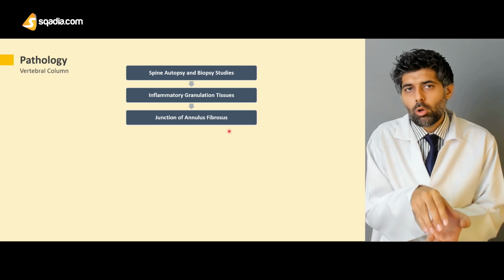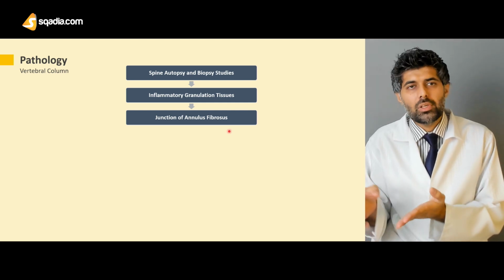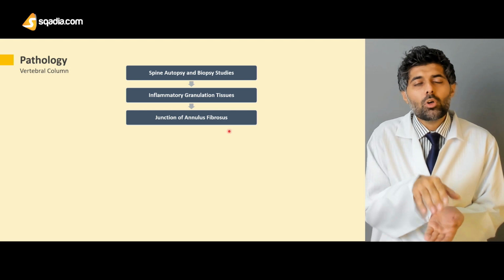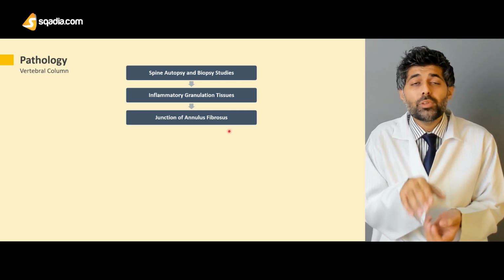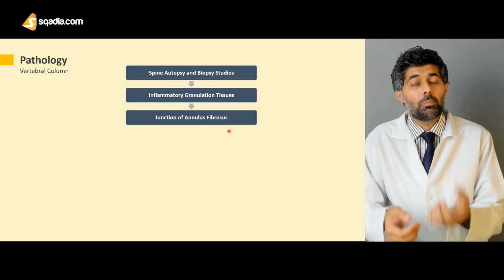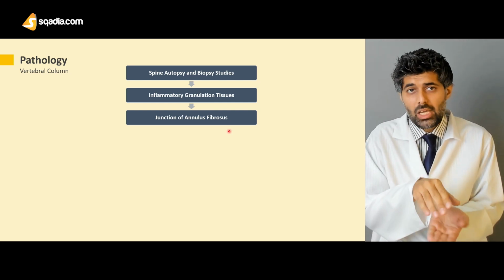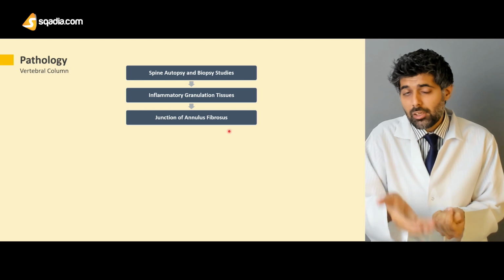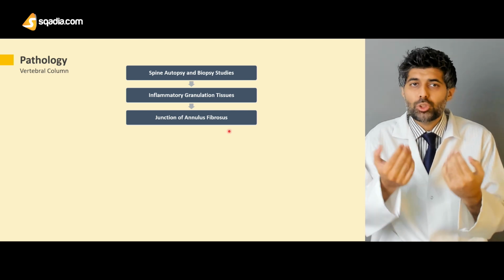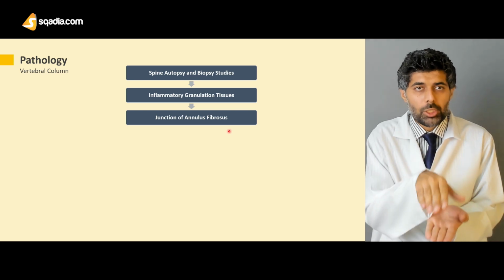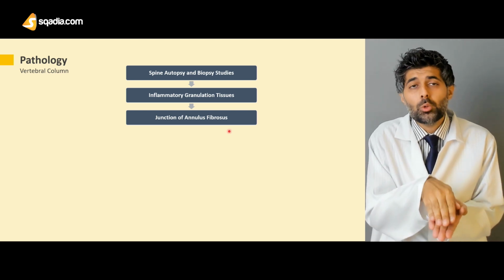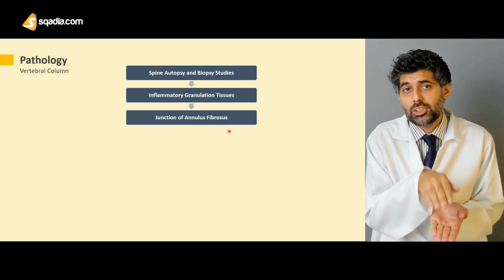You might recall from your knowledge of anatomy that the vertebral column is composed of various vertebrae, and all of these vertebrae have a vertebral body anteriorly and a spinous process posteriorly. The vertebral bodies are joined together via a cartilaginous disc.